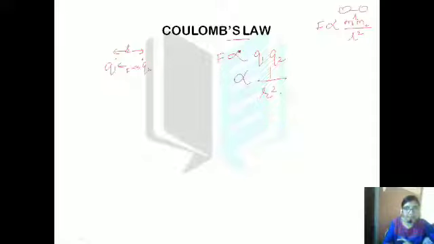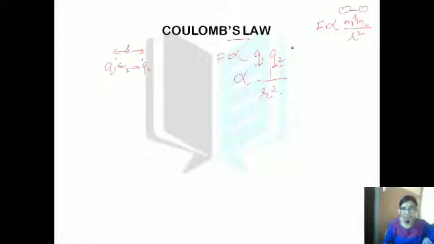We know that there is attraction between charges and there is even repulsion between the charges depending on the kind of charge. Okay, the force of attraction or repulsion acting between the charges is directly proportional to the product of the charges and inversely proportional to square of the distance between them.